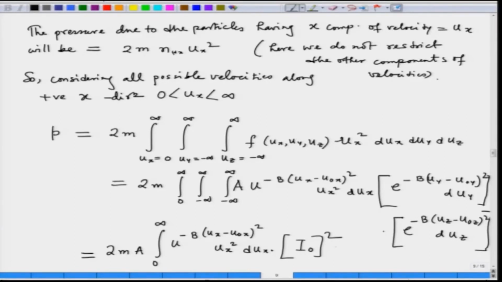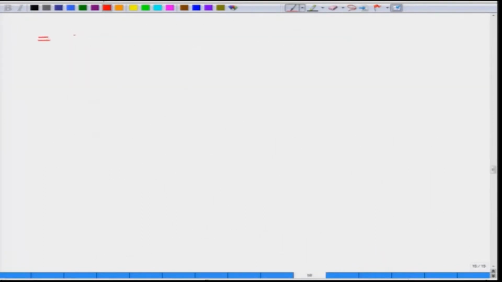And both of them should be equal to root over pi by b. So, I0 square will simply be equal to pi by b. Then finally, we have this 2 m a pi by b, integration 0 to infinity e to the minus b (ux minus u0x) whole square ux square dux.